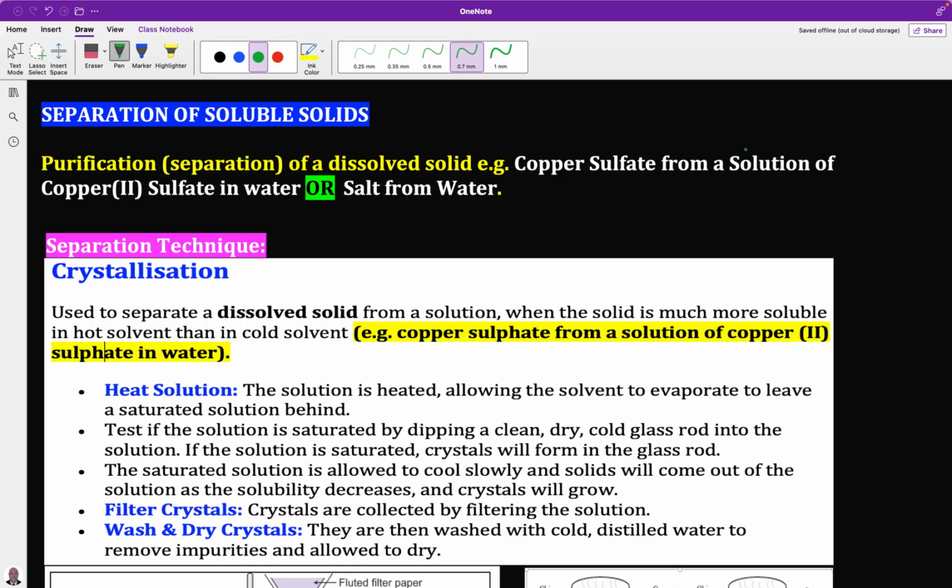So in that case, it is more preferable to heat the solution. Unlike in salt. In salt, we will not heat the solution. We just need to dissolve. Salt from water. We just need to dissolve the salt in water.